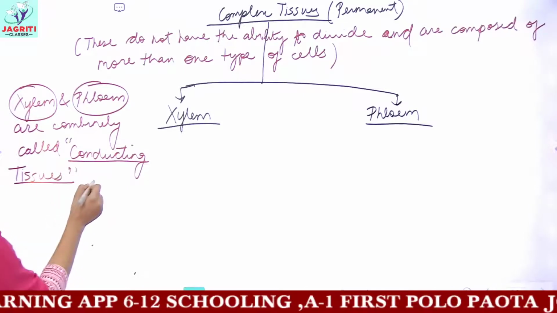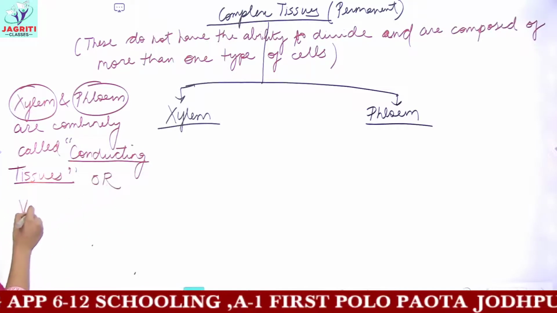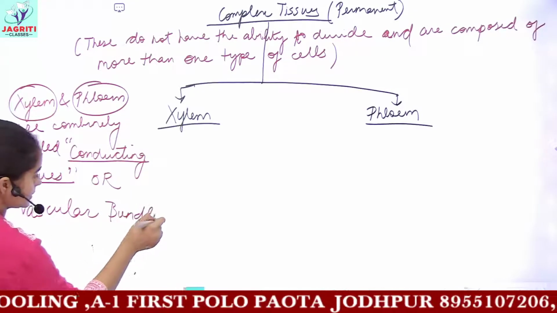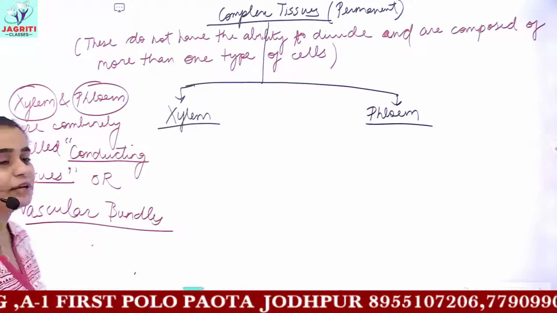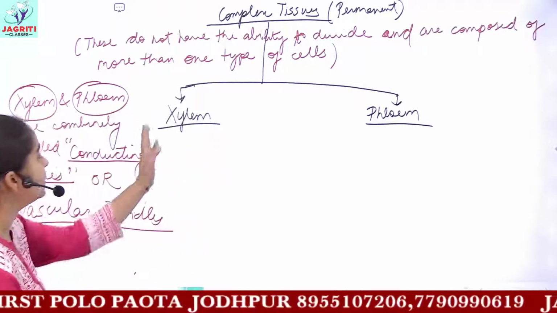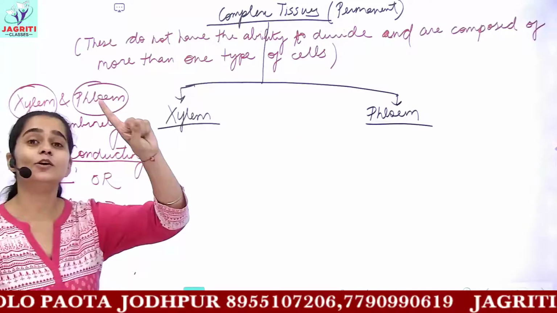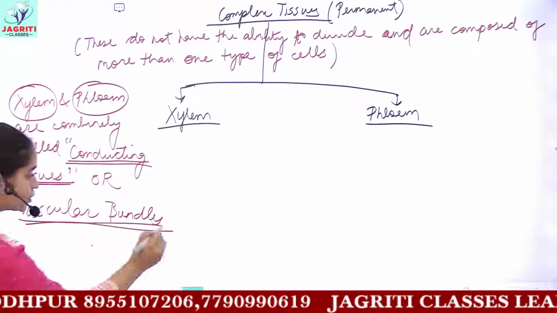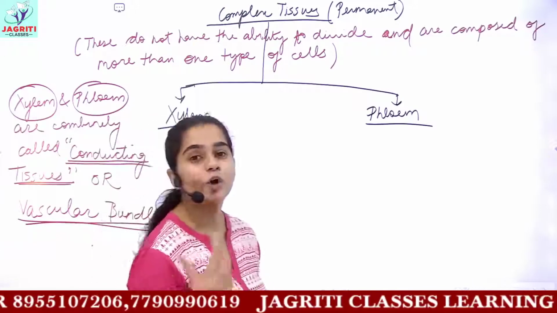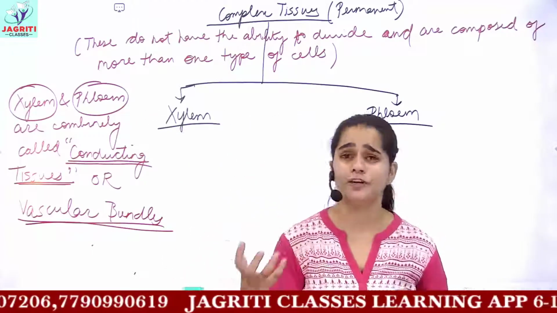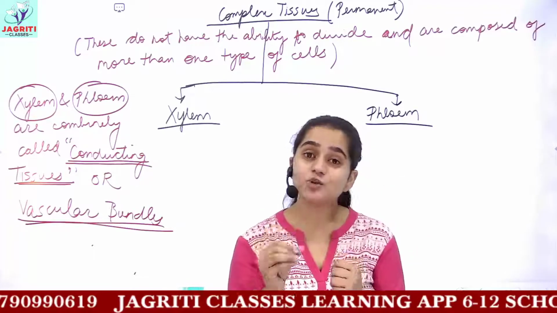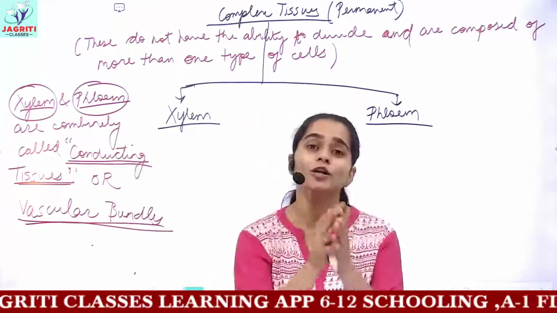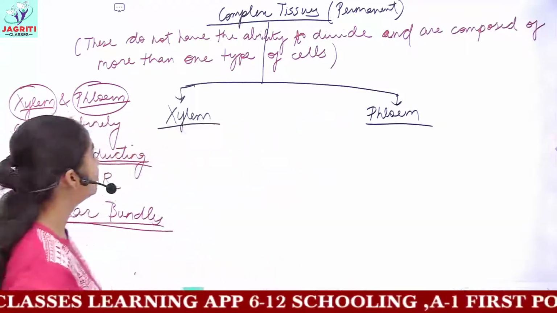They are also called by a different name, vascular tissues or vascular bundles, or you can also call them the transporting tissues. So if you are asked which tissues are involved in the vascular bundle, the answer would be xylem and phloem are altogether referred to as vascular bundles.